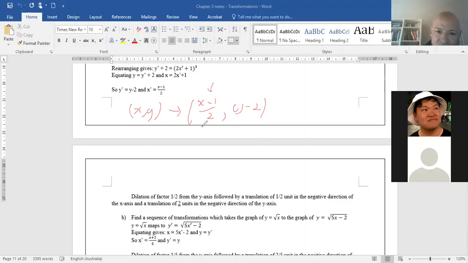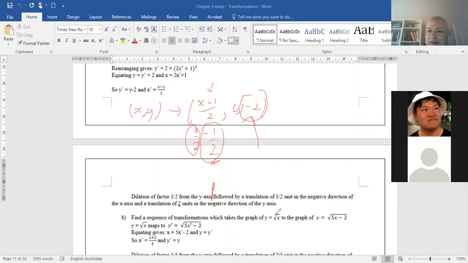Really, you should be splitting it up to x divided by 2 minus half, okay, if you can't see it. So we've got a dilation factor of a half, and of course that's from the y-axis because we've got it on the x, definitely from the y-axis. Then we've got a translation, and it's a half in the negative direction along the x-axis, and we've also got a translation of 2 units in the negative direction of the y-axis.